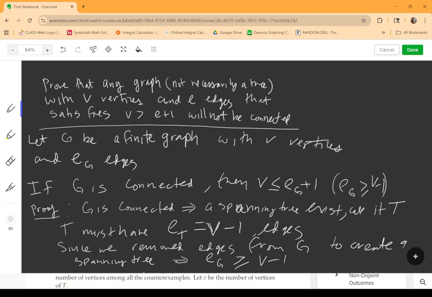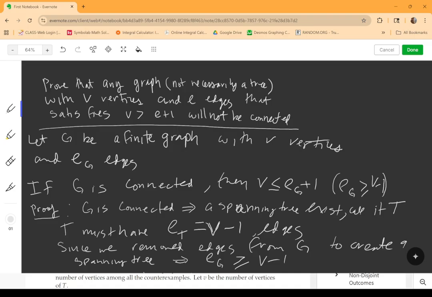If V is greater than E plus 1, or the edges are less than V minus 1, then it will not be connected. Which makes sense. What this theorem is getting at is that we need at least V minus 1 edges to connect all of my vertices. If that is not satisfied, we will not have a connected graph.